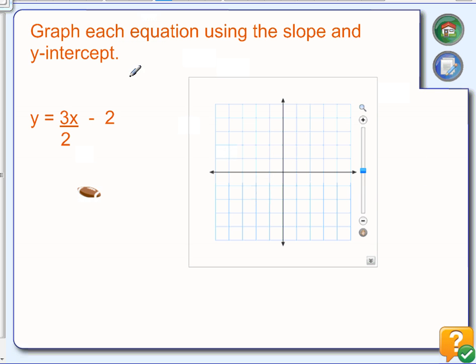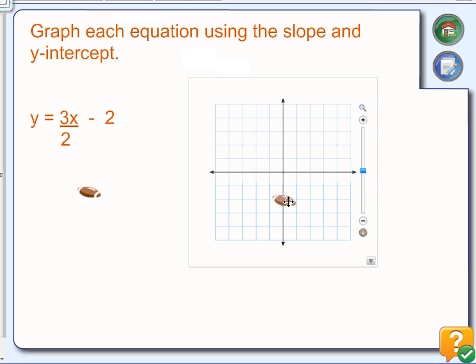This next example, same sort of thing. We have y equals 3 halves x minus 2. All right, so we need to identify our y-intercept first. In this case, it's negative 2. Remember, always carry the sign with. So we go down 1, 2 on the y-axis. Then I'm going to rise 3, run 2.